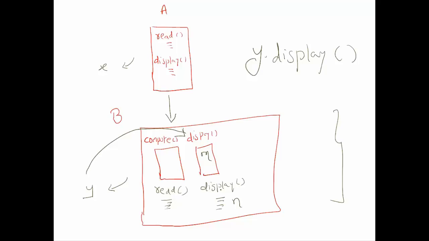One is this display method belongs to class B, and this display method has been inherited from class A. So I am an object of class B. तो मेरे सामने जो दो methods है, उसमें एक method मेरे अपने class का है, class B का है, और एक method है जो class A में से inherit होके आया हुआ है. मेरे को दोनों में से एक को call करना है. So this object y now has to choose between its own method, or the method belonging to its own class, and the method which has been derived from the base class.